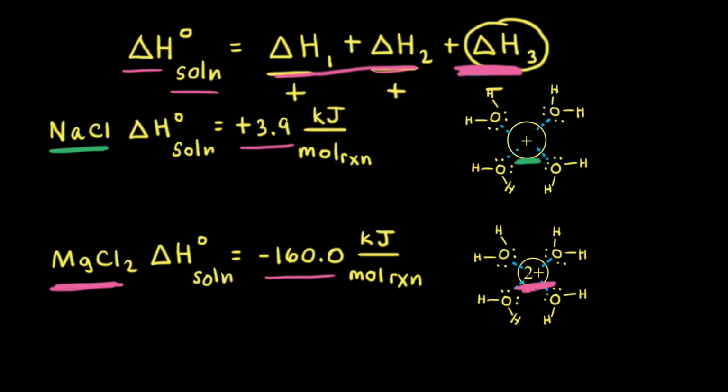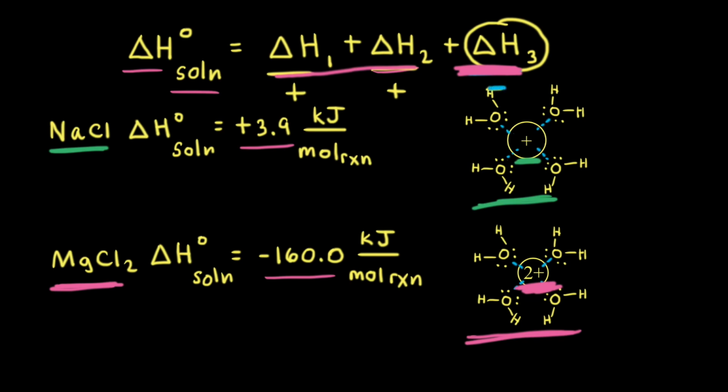Because the Mg2+ cation has a higher charge than the sodium cation, and because it's smaller, the Mg2+ cation exerts a greater electric force on the water molecules. And because of that, more energy is released when the magnesium 2+ cation is hydrated compared to when the sodium 1+ cation is hydrated.